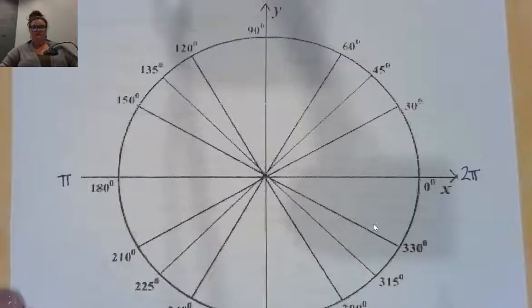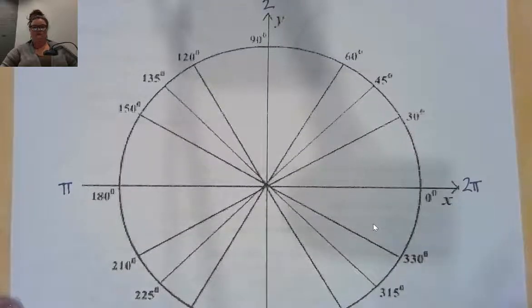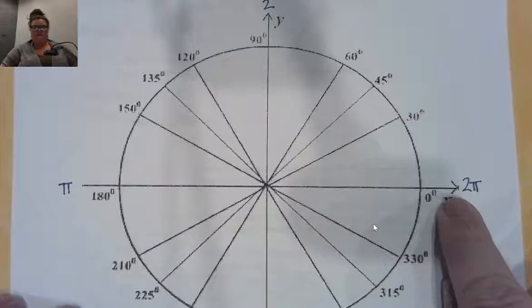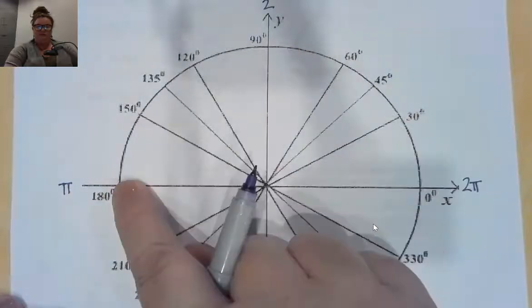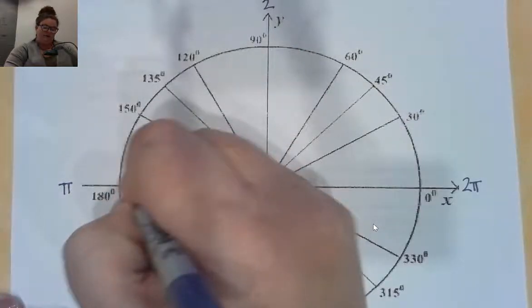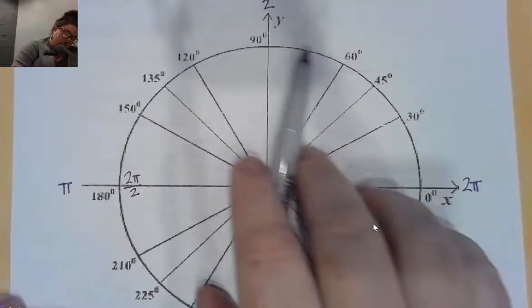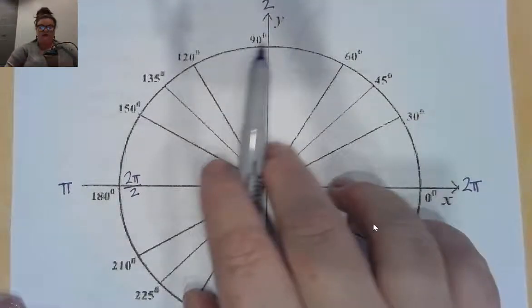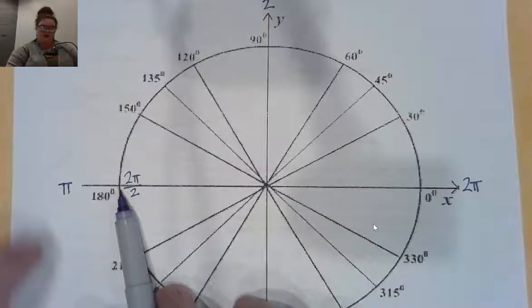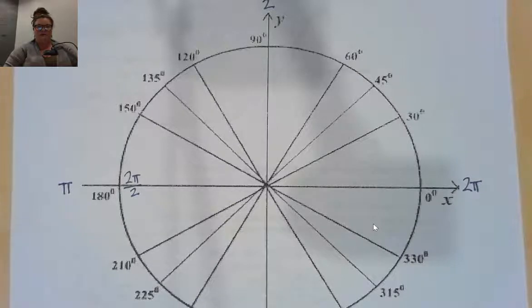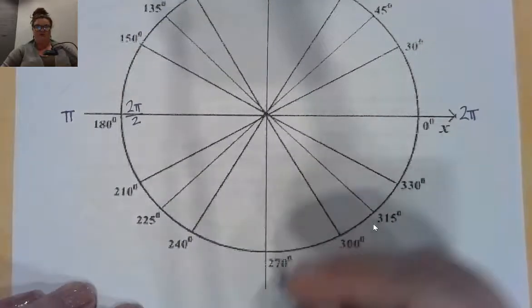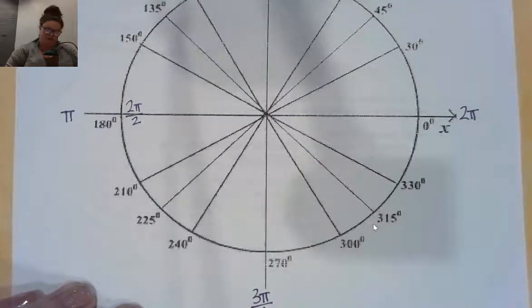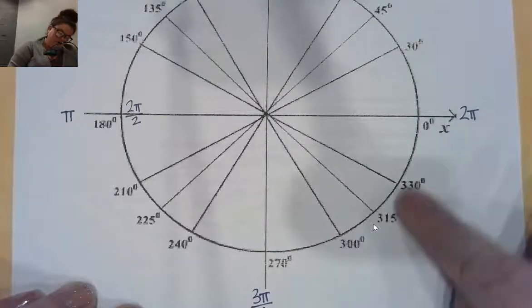Let me see if I can get the whole circle in my screen. I can't. Okay, so we're going to start here. We're at 0. When we get to 90, that's 1 pi over 2. Then we come over here, this is 2 pi over 2, if we count by pi over 2's. So 90 degrees is 1 pi over 2. 180 is 2 pi over 2, which just reduces back down to pi. And then if we go down here to our 3/4 rotation, that's going to be 3 pi over 2.